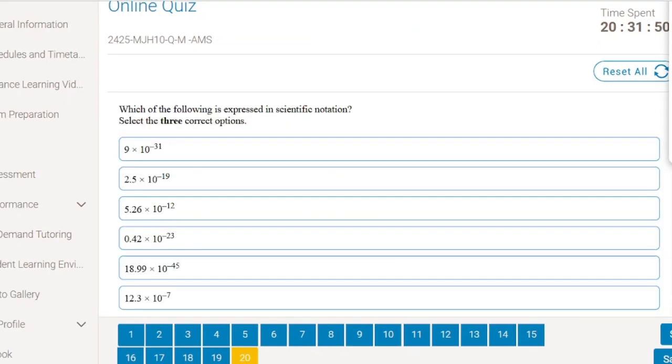Which of the following is expressed in scientific notation? Select the three correct options. Okay, first one, 9 multiplied by 10 to the power of minus 31. There is no decimal here, but the absolute number is less than 10.